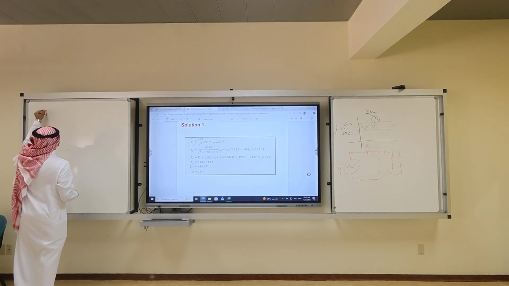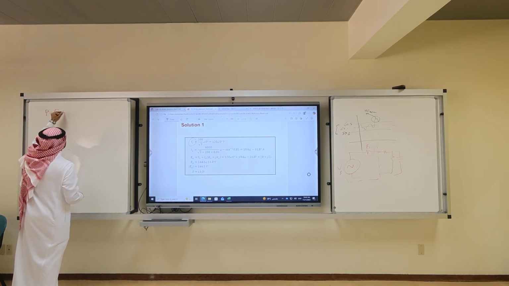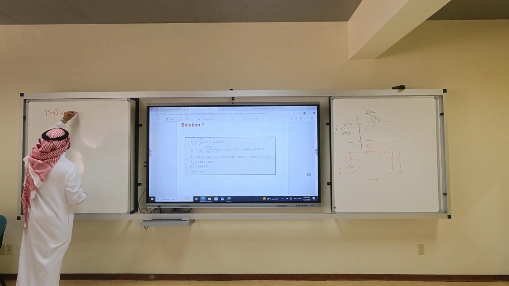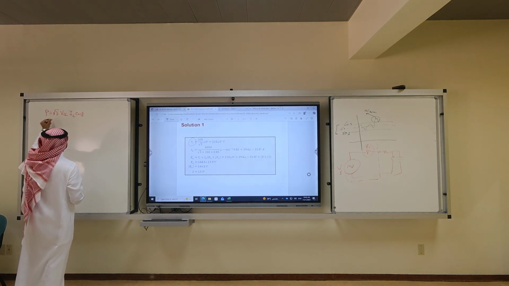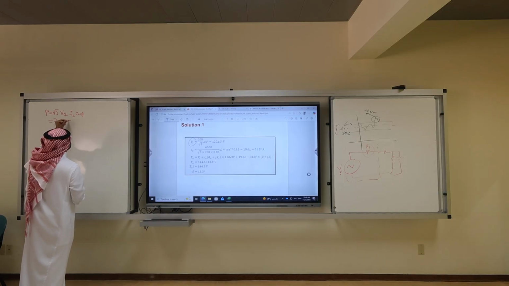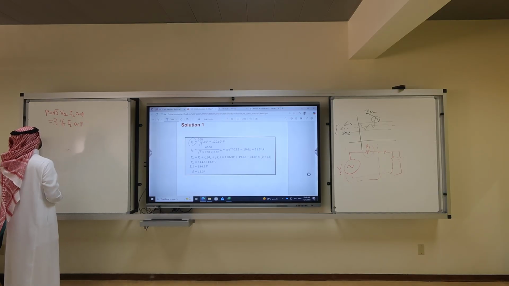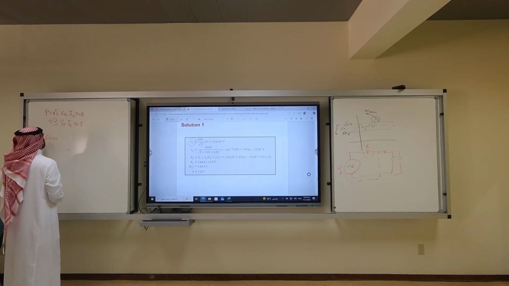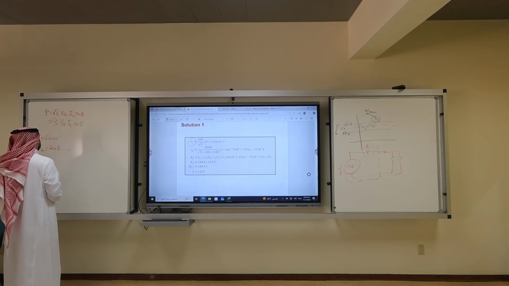P equals square root of 3 V line to line I line cosine theta, which is equal to 3 VT IA cosine theta. What is P? 6 kilowatt. What is VLL? 208. What is the PF, or cosine theta? 0.85.